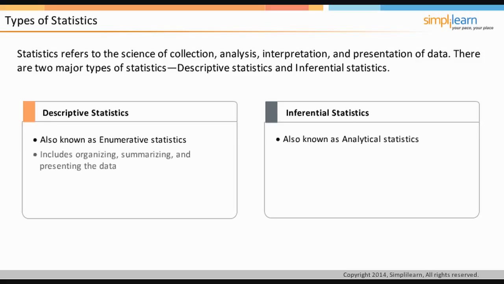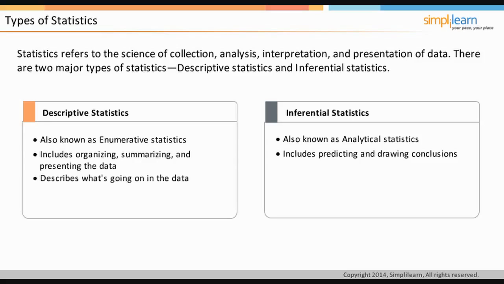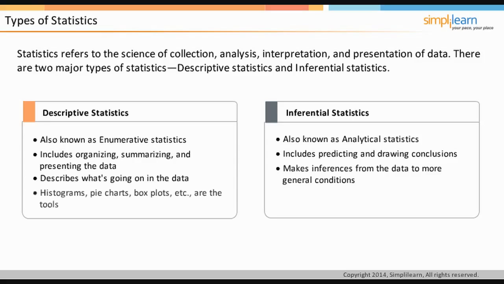Descriptive statistics include organizing, summarizing, and presenting the data in a meaningful way, whereas inferential statistics includes making inferences and drawing conclusions from the data. Descriptive statistics describes what's going on in the data. The main objective of inferential statistics is to make inferences from the data to more general conditions.